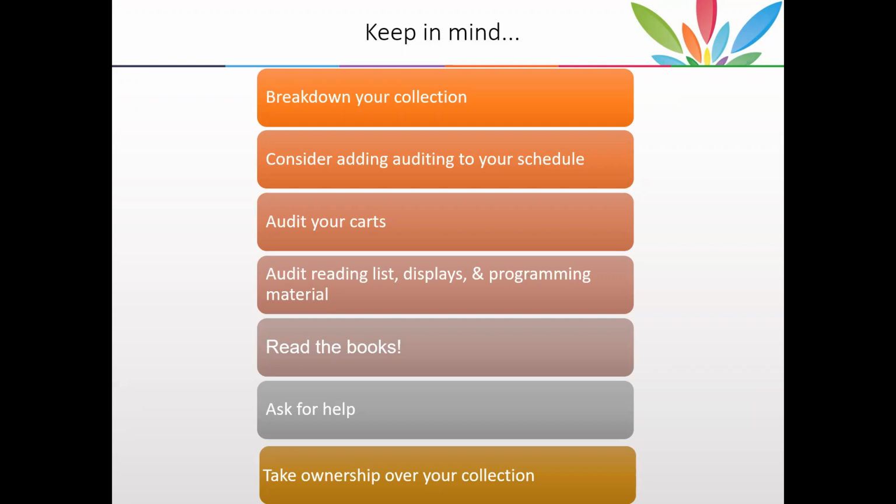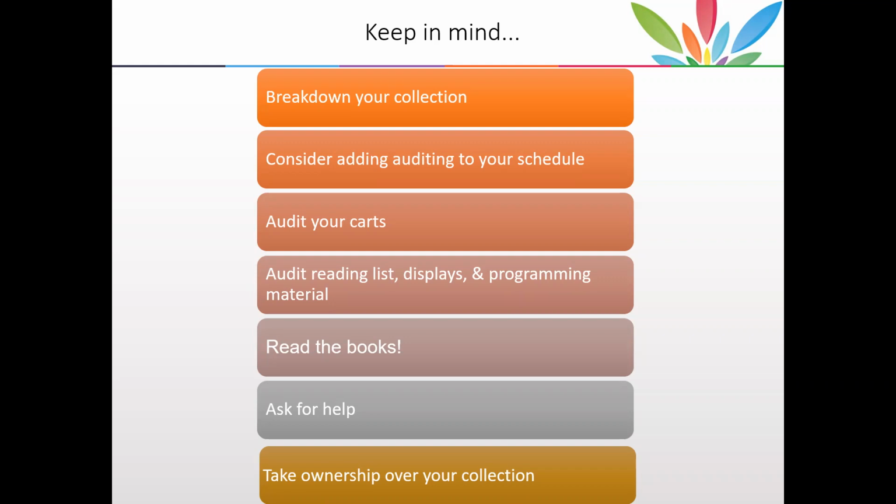This is just a quick overview of a few things to keep in mind. But the most important thing that I want to leave some of you with, if you are still feeling overwhelmed, is this: audit your carts. Audit your carts when you are purchasing collections. When you are purchasing for your collection, audit then. When you look at your Baker and Taylor cart, and you are about to click purchase on 30 titles, take one moment.